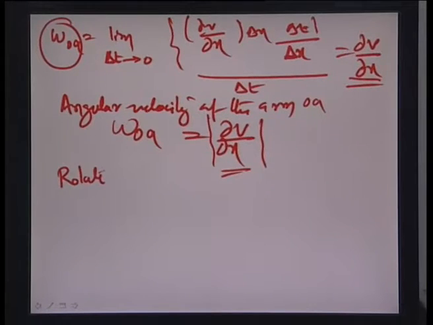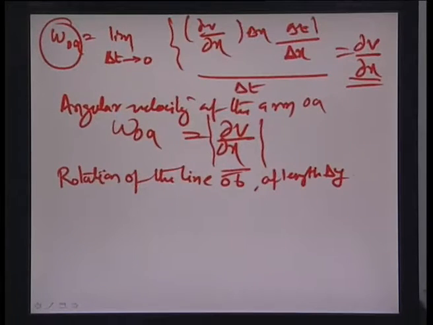All right. So, if I do the same thing for the other component, that is the component of the diagonal which was initially in the y direction, we need to ascertain what is the change in the x velocity in the y direction as it goes along the y, and that would essentially be the omega OB. Okay. So, let us derive that expression as well. So, the rotation of the line OB of length delta y.